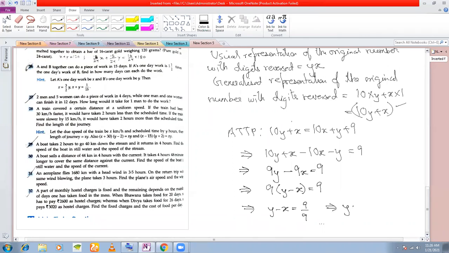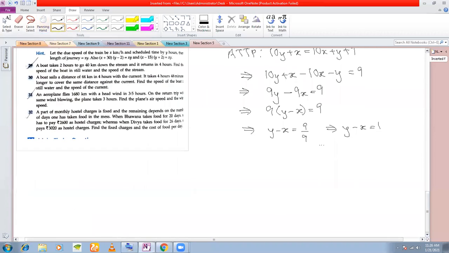And y minus x is equal to 1, which you can also write as minus x plus y is equal to 1, which you can also write as minus of x minus y is equal to 1, and which you can also write as x minus y is equal to minus 1. So this is our second equation.